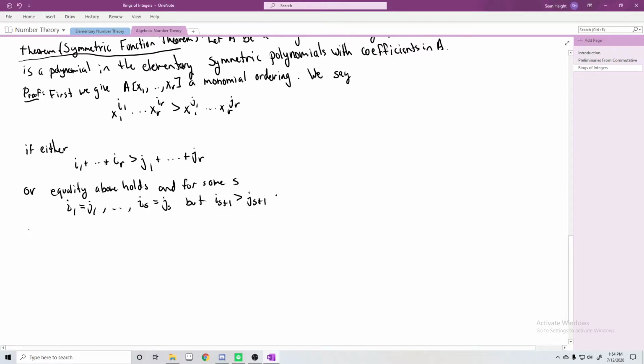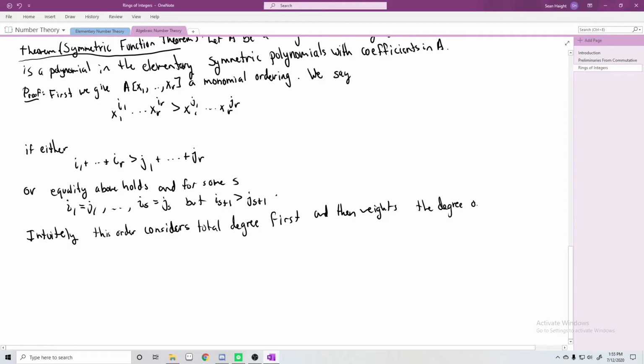So intuitively, this order considers total degree first, and then weights the degree of xi more than xj if i is less than j.